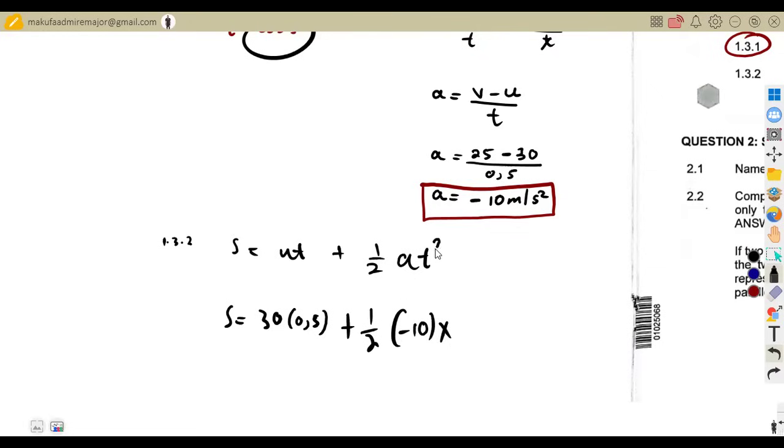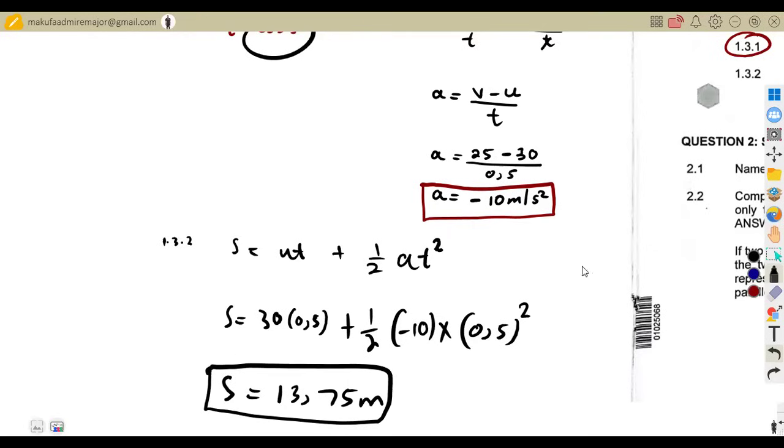This is half at squared, sorry for that, guys. That is the time squared, 0.5 squared, right? So always use the formula sheet, that can help you not to make mistakes. So that was going to give us 13.75. If you simplify properly, that was going to be 13.75 in meters. That is the total displacement, the total distance according to how the question was given there.